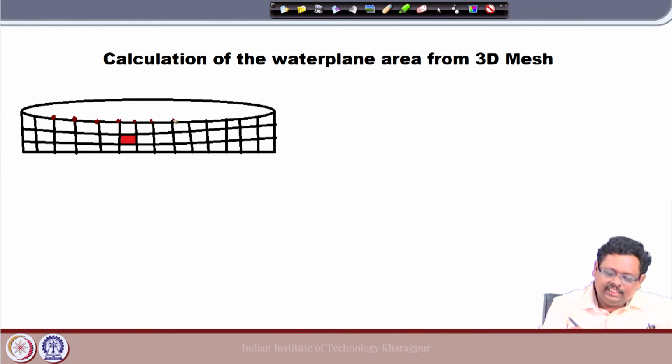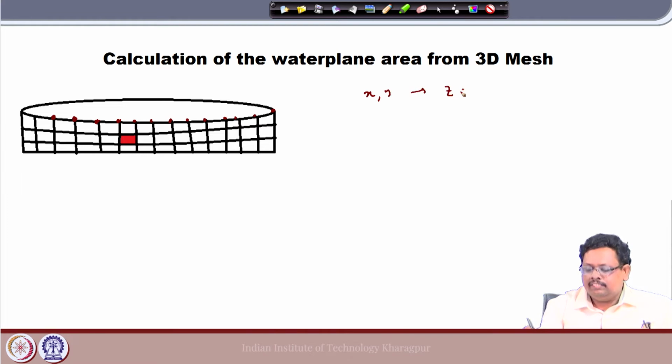Of course, you have the data, but you need to do a lot of calculation, lots of ifs and buts. You can do that: from the mesh you try to find the x coordinate and y coordinate where z equal to 0.